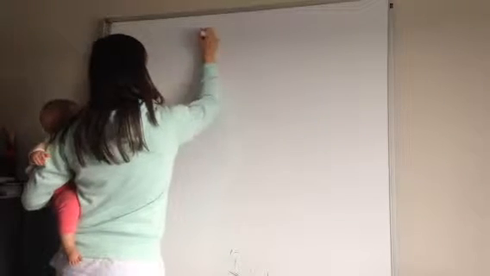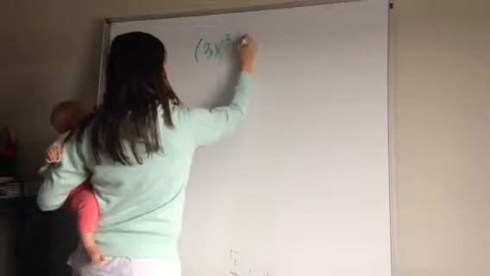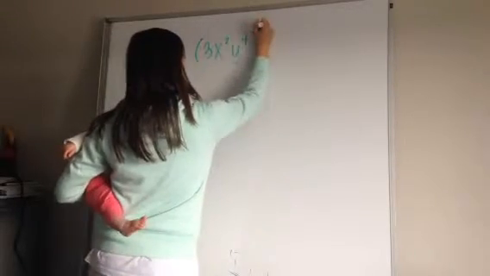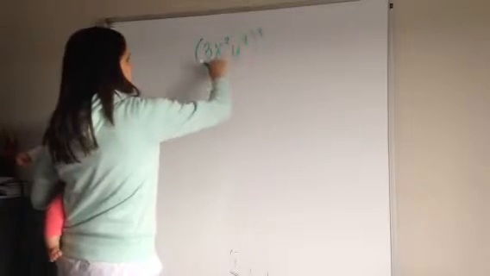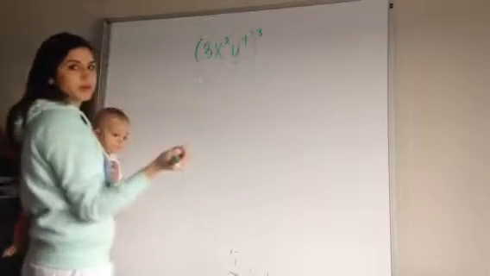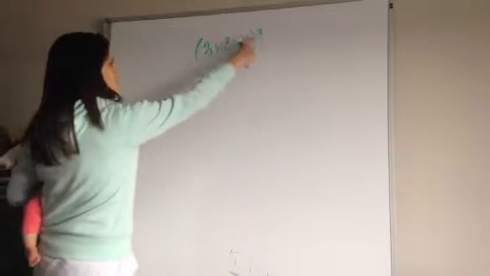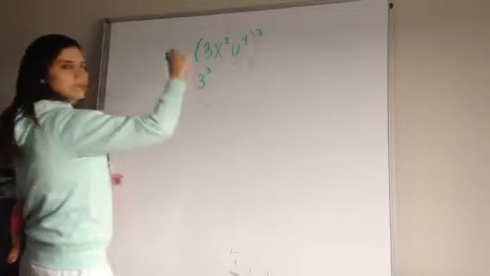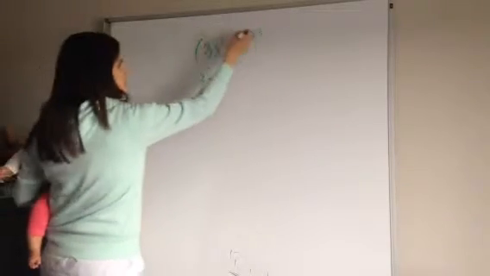I'm just trying to review before I do that problem. So if I have 3x to the second, y to the fourth, all to the third, then that means that everything is going to get the power of the third. So it's going to be 3 to the third. And then for these ones, x to the second to the third, we're going to multiply those.